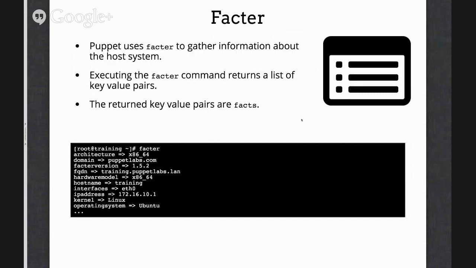As the little example down here shows, if you type in facter and hit return from the command line, it will run a bunch of little scripts under the hood and return a whole bunch of key pair information for that particular node. There's about 30, 40, 50 of them or something that come back by default.